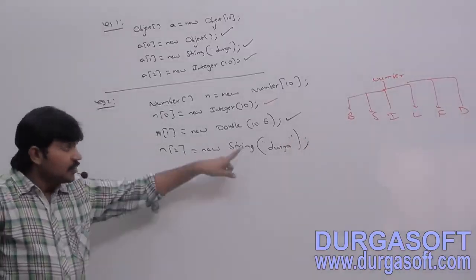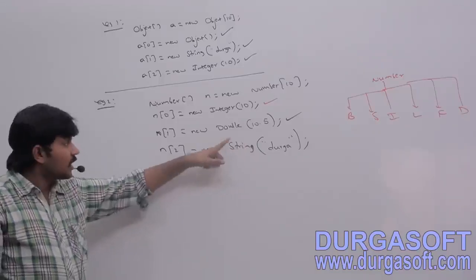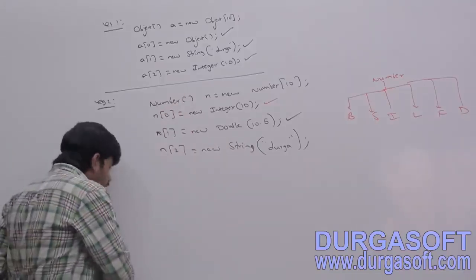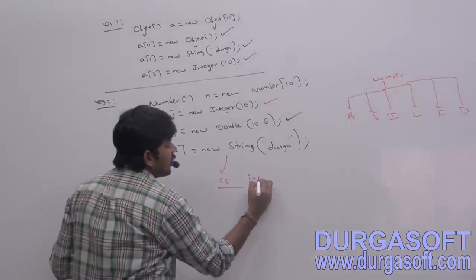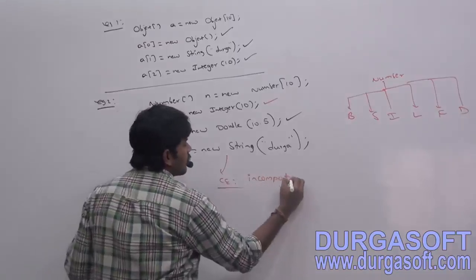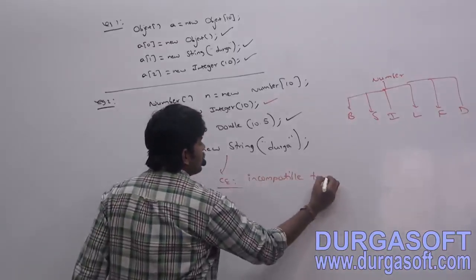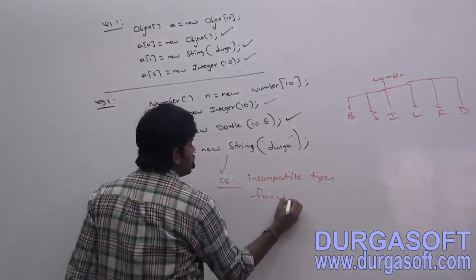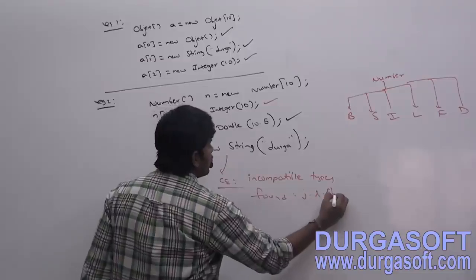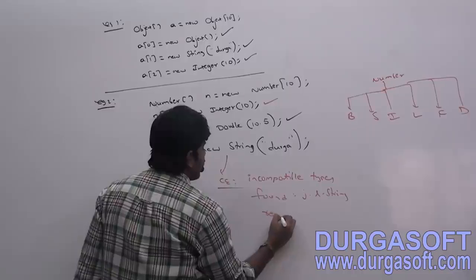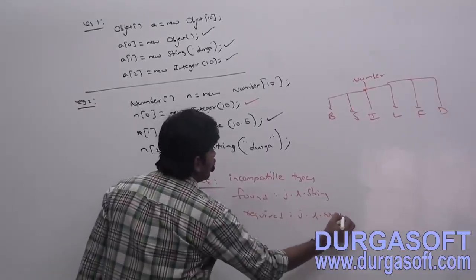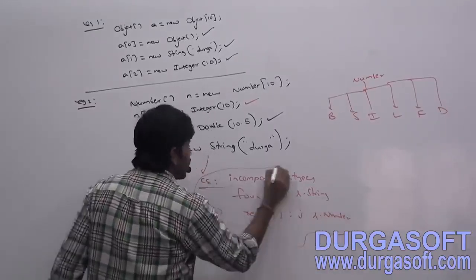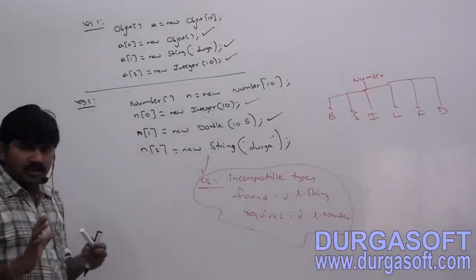Invalid, because String is not a child class of Number. That's why we immediately get a compile-time error saying incompatible types: found java.lang.String, required java.lang.Number. I hope that is clear for all of you.